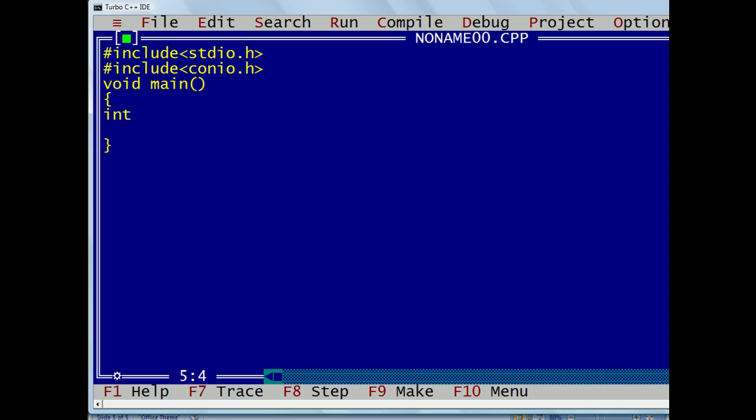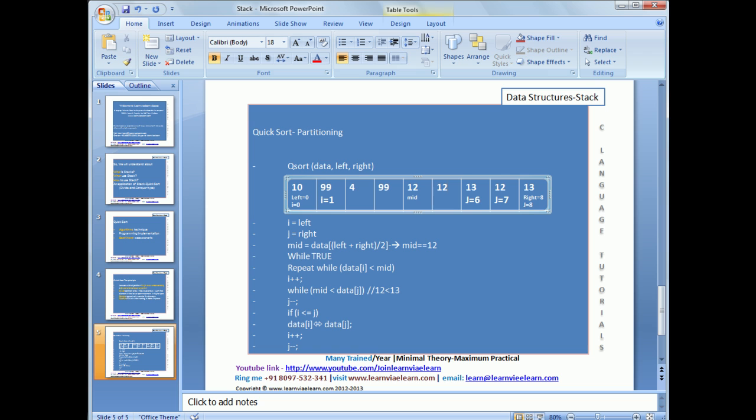Now here I am taking a predefined array, the same array which I have taken in our example, which I guess was 12.